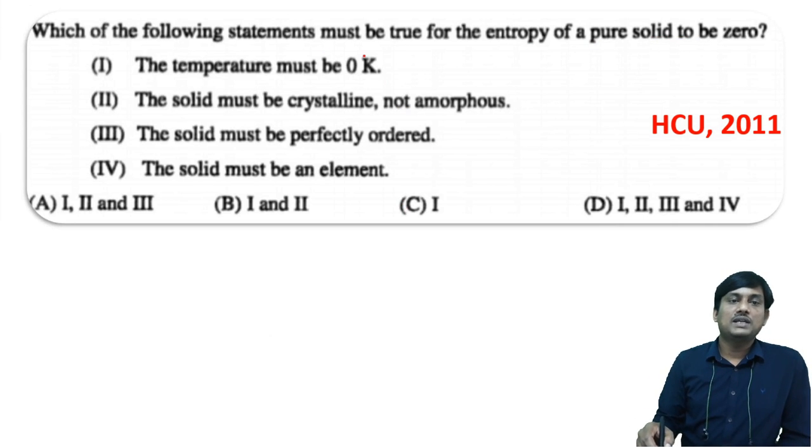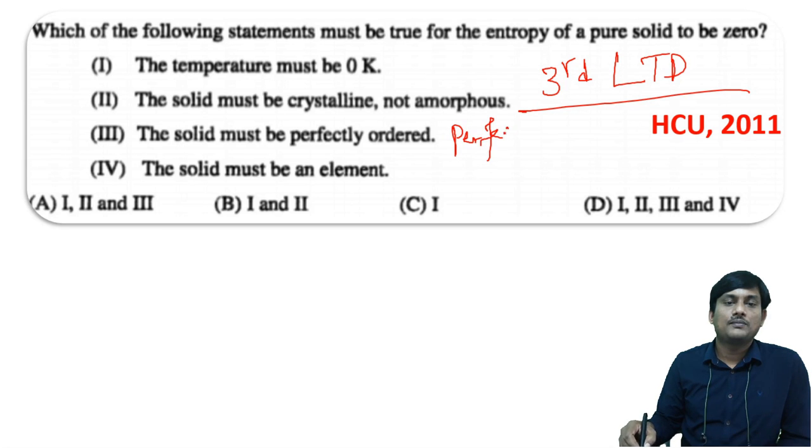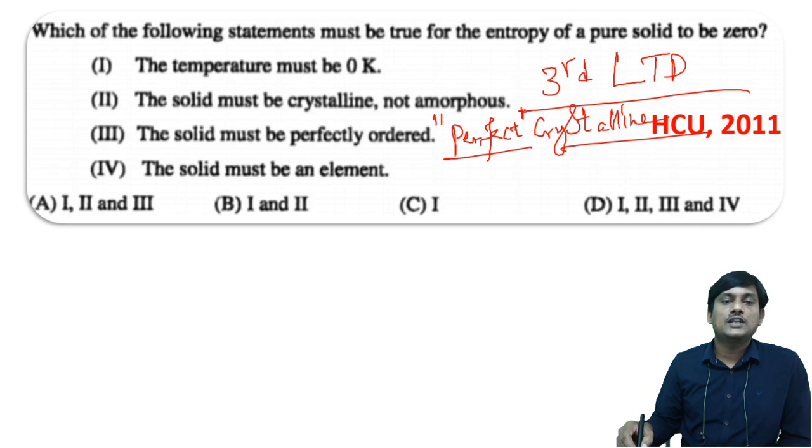Which of the following statements must be true for the entropy of a pure solid to be 0? According to the third law of thermodynamics, a perfect crystalline substance, you can take any substance, it should be perfect, means there are no imperfections, no disorders, no defects, and a crystalline substance at 0 Kelvin temperature, the entropy is 0.